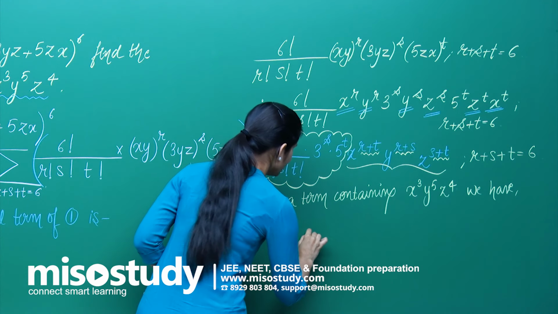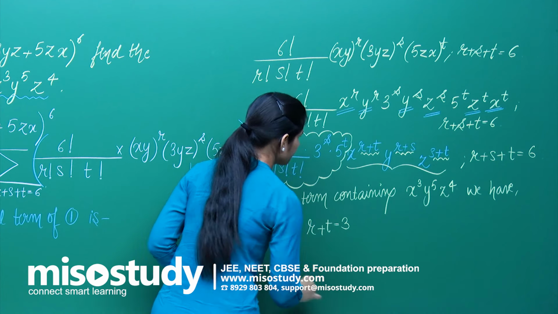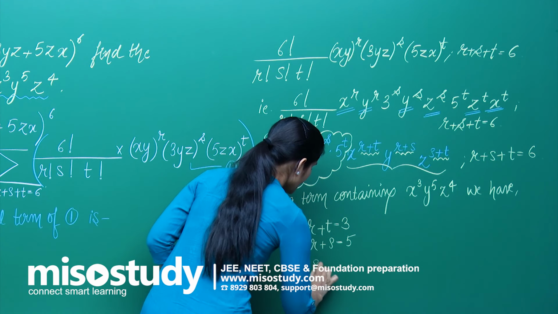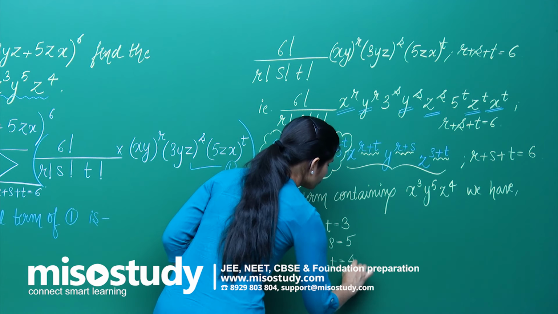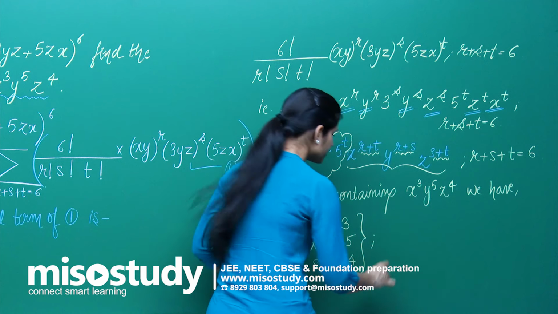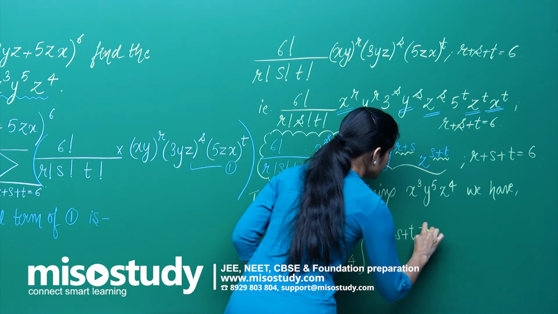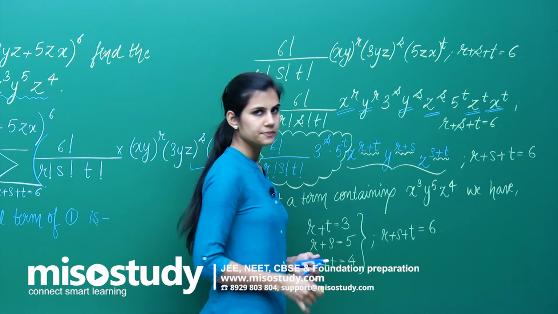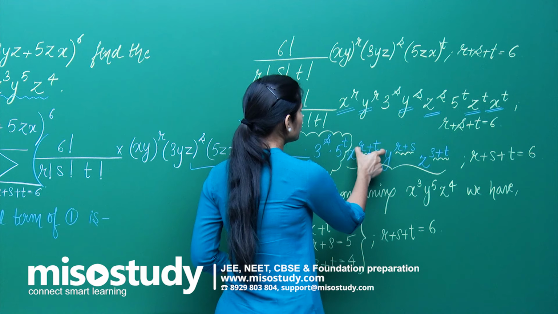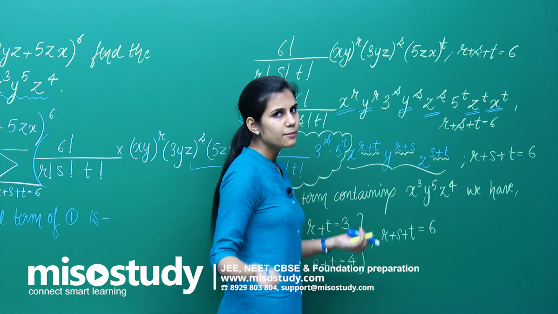This is only possible when r plus t happens to be equal to 3, r plus s is equal to 5, s plus t is equal to 4, all these things such that r plus s plus t is 6. Because if r plus t turns out to be equal to 3, this will be 3, this will be 5, this will be 4, and I am going to get it.